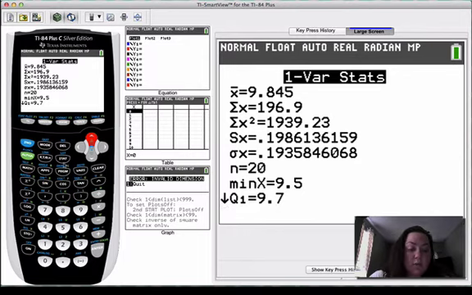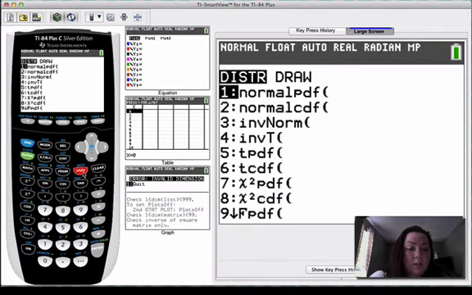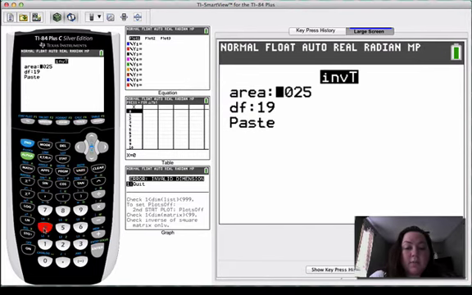Then to find my t star value, I'm going to go to second and then var, my distributions. I'm going to go to 4, which is inverse t. The area I'm going to put in is 2.5%, so 0.025, because I'm assuming 95%, so that means I have 5% left, which means I have 2.5% on either side.